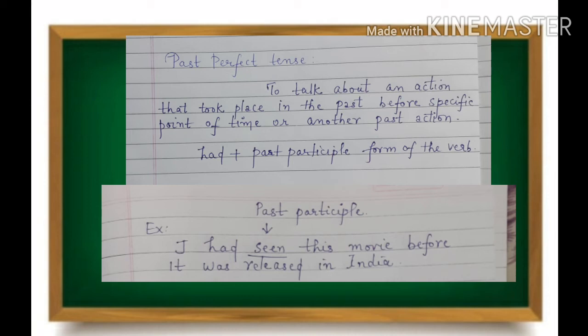So we are getting a specific or identifying time. Then we are saying that we saw this particular movie before that specified time, right? Yes, I had seen this movie before it was released in India. This is past perfect tense. So I hope you understood both.